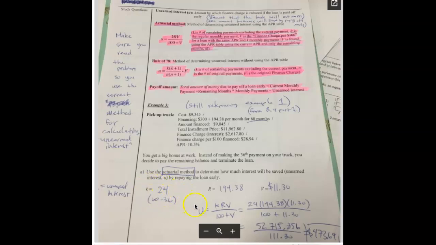So K is 24. R is just the regular monthly payment, which is $194.38. And then V is the finance charge per $100 based on the original APR, 10.5%, and the remaining number of months, 24. Let me go to that table real quick.